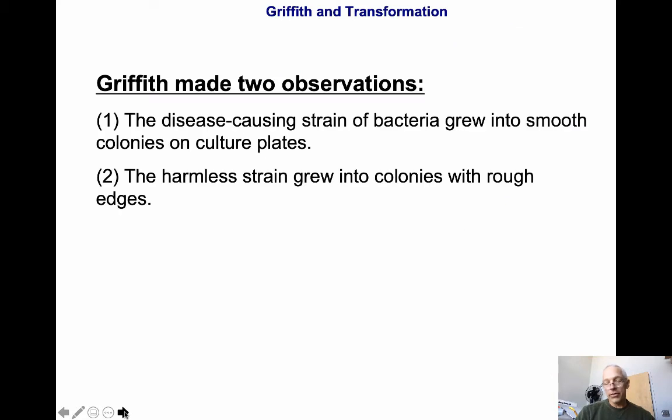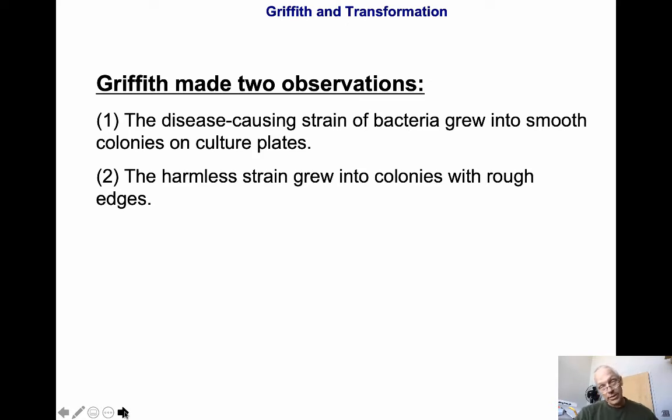So Griffith knew that there were two similar strains of a particular species of bacterium, and that those strains could be grown on culture dishes, on petri dishes. One strain grew into colonies on the culture plate that were smooth around the edges, and those bacteria were the ones that would make mice sick and kill them.